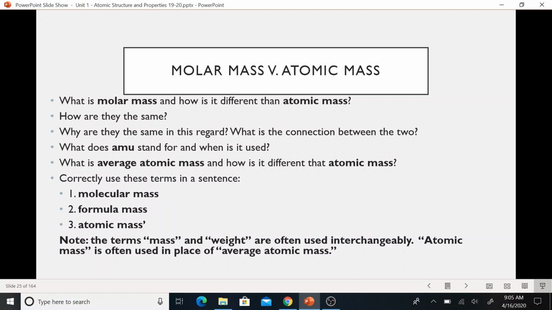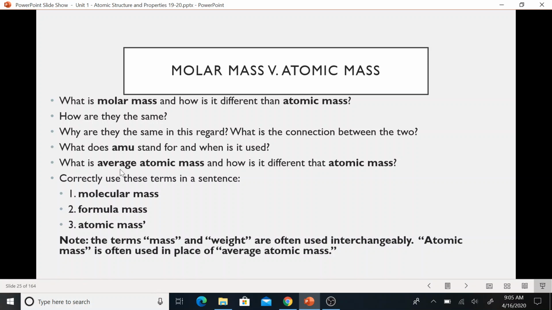Now, atomic mass is important because it allows us to determine the average atomic mass. Again, you can see we're using those terms differently. Average atomic mass is different from the atomic mass. Just to clarify, the atomic mass is always a whole number, right? So that's your carbon 12, that's your carbon 13, that's your carbon 14.